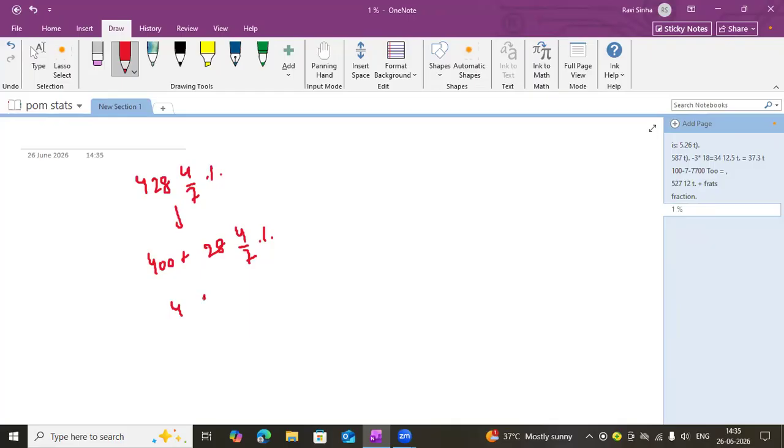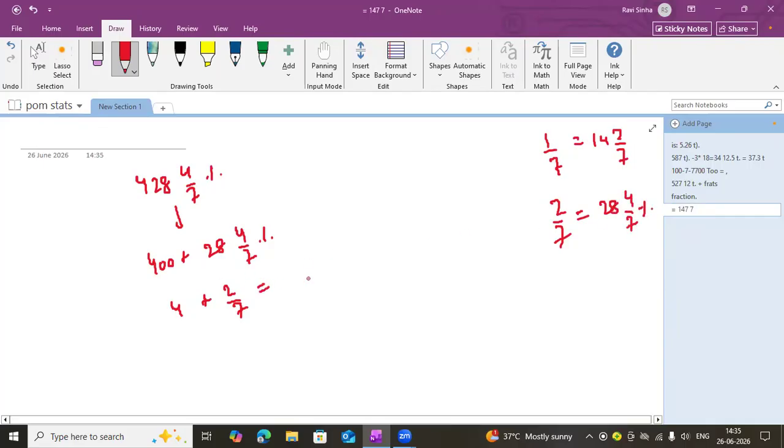This is 4 plus 2 by 7, as 1 by 7 is 14 2 by 7%. So 2 by 7 is 28 4 by 7%. And this is solved as 7 4s are 28 plus 2, 30 by 7 is the fraction value.